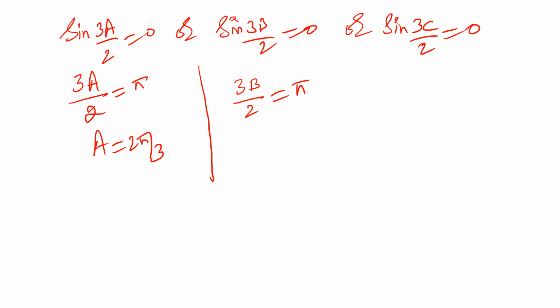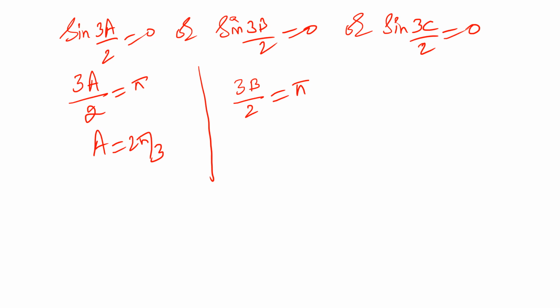Why am I putting them as pi? Because sine theta is 0 only when theta is equal to n pi, that means an integral multiple of pi. So obviously, since these are angles of a triangle, we cannot put 3A by 2 equal to 0. That is not possible. And I cannot put the value of 3A by 2 as 2 pi either, or greater than 2 pi, because in that case A will become 4 pi by 3, which is again impossible, because none of the angles of a triangle is greater than 180 degrees.